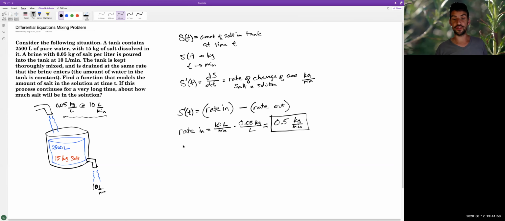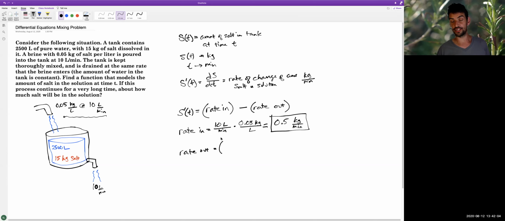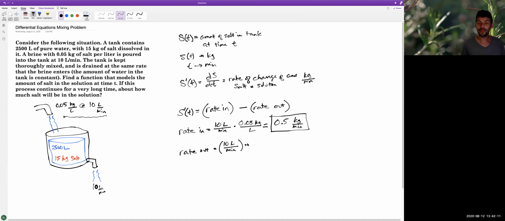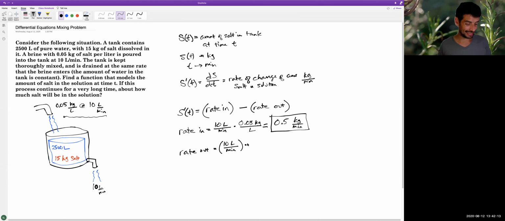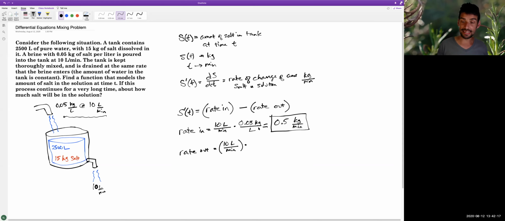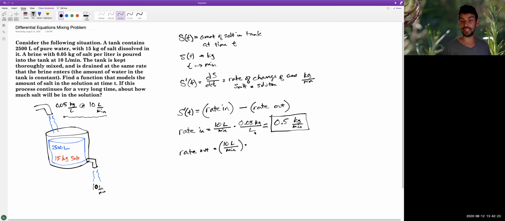All right, let's use this to understand how to figure out the rate out. Well, we're going to start with the same thing. We're sending 10 liters per minute out, right? How much salt is coming out with each of those liters? Well, it depends on the concentration. This number here is kilograms per liter.